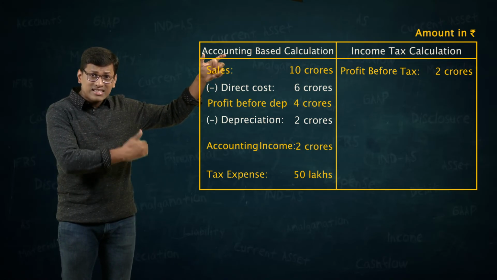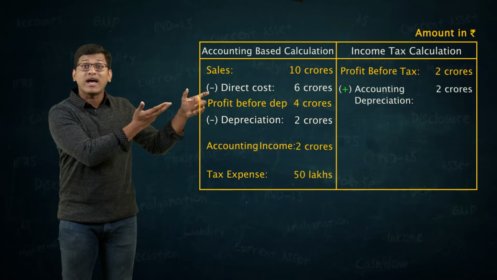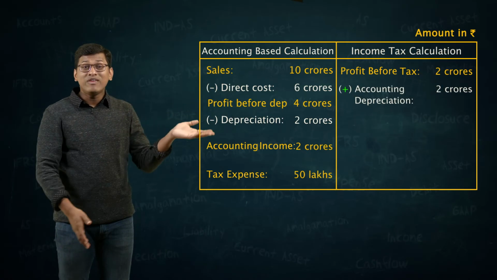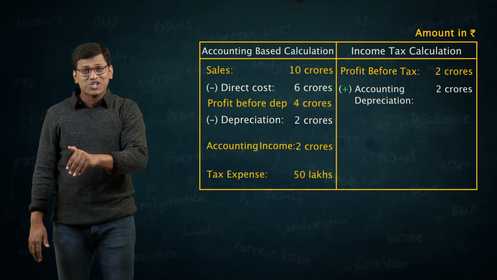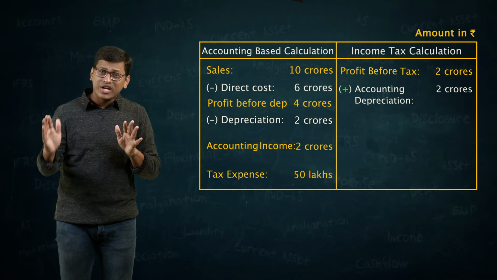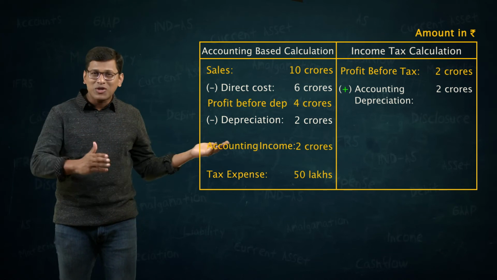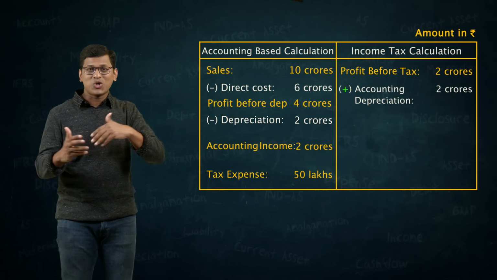Depreciation, whatever we considered as per accounting purposes, this we add back and we will subtract depreciation as per income tax norms, because income tax depreciation rates and calculations are all different compared to the calculations what we make for accounting purpose.